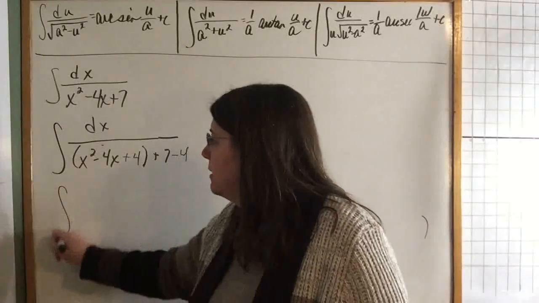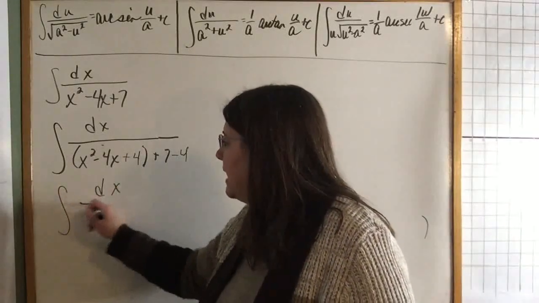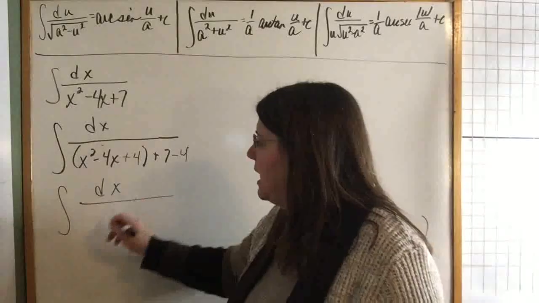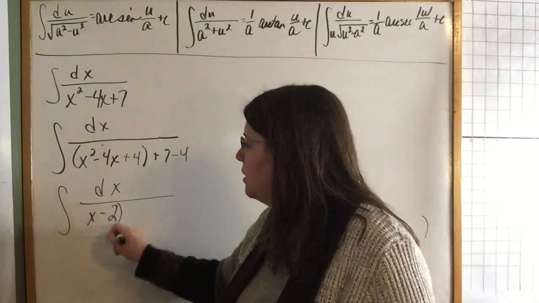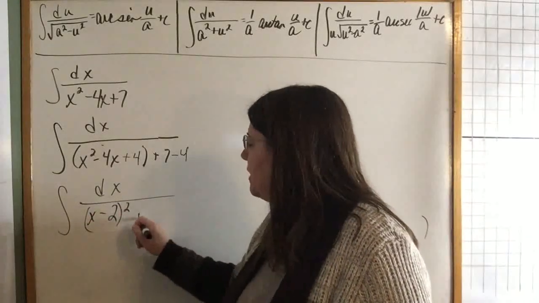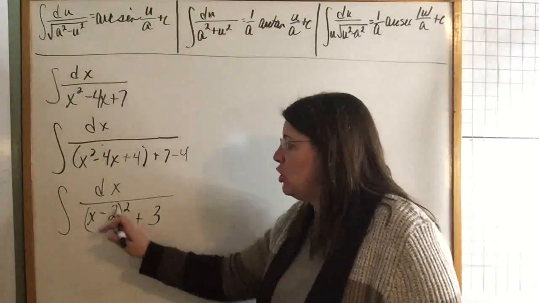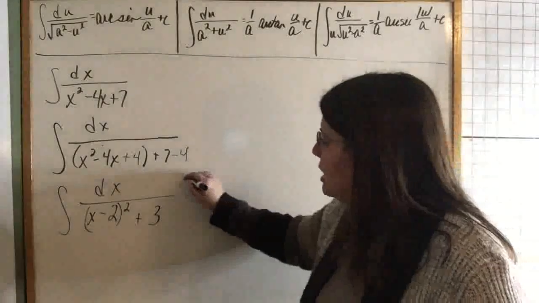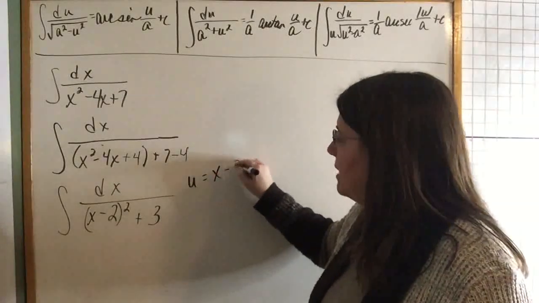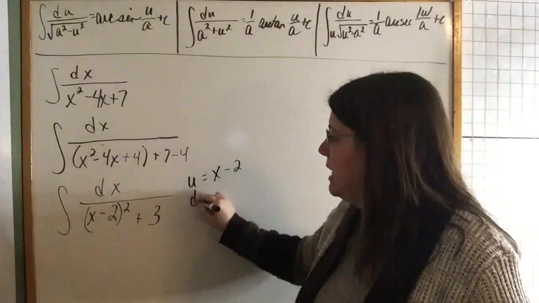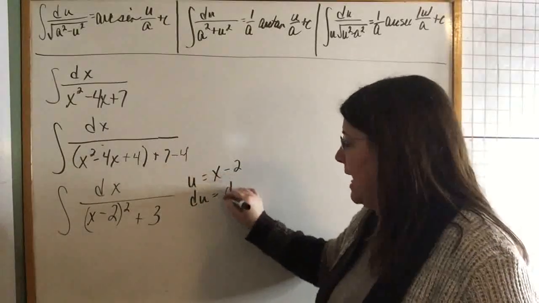And then, if I rewrite that as perfect squares, this would be x minus 2 squared plus 3. So now, this is my u part. I can say that u is equal to x minus 2. So that means my du is the derivative of that, dx.